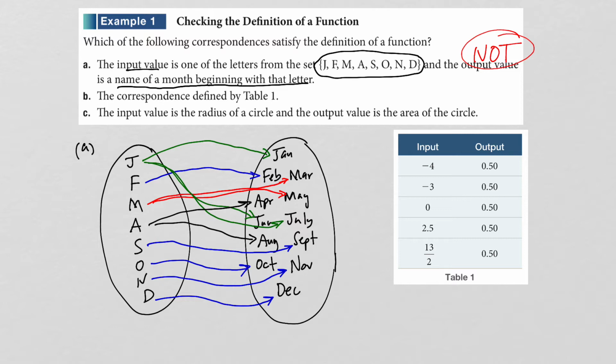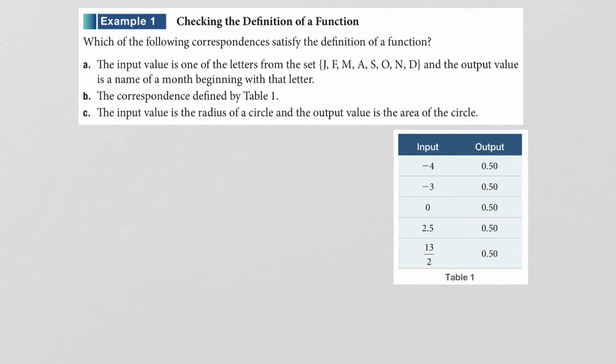All right? Let's check out the others. So in the second example, part B, it says the correspondence defined by table 1. We are looking at this table here, and it's a little different. They don't tell us what the input values represent, or what the output values represent.